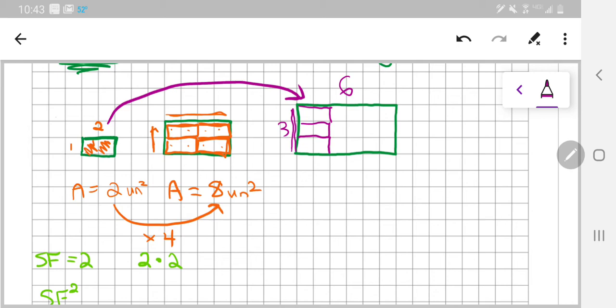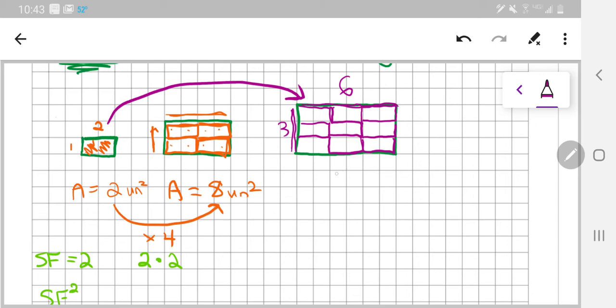All right, but also the other side length was multiplied by 3, right? So then we can sit 3 of that shape next to itself. All right, and then we get this array. Remember arrays from when you first learned multiplication? We have a 3 by 3 set of that original block, that original rectangle.